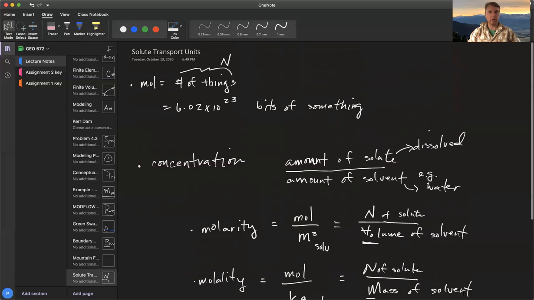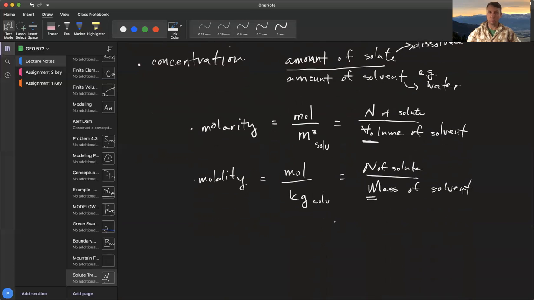All right, so the other thing we're going to talk about a lot is the movement of solute, all right? So one way we can quantify the movement of solute is by the molar flux.